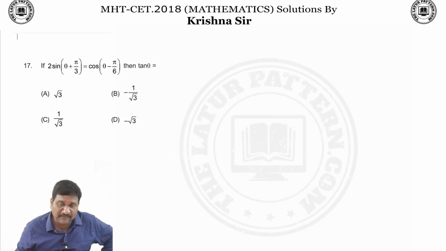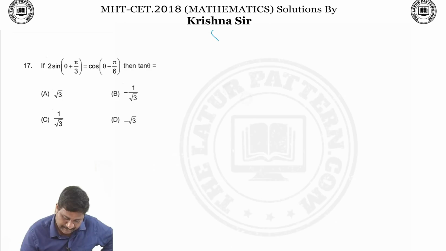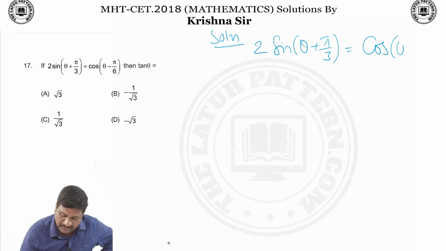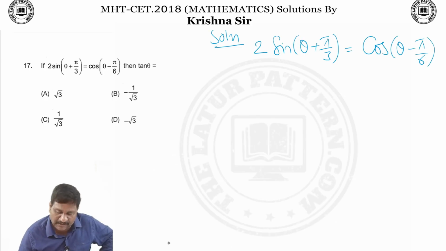The solution of question number 17. The given problem: 2 sin(theta plus pi by 3) is equal to cos(theta minus pi by 6). Then find tan theta.